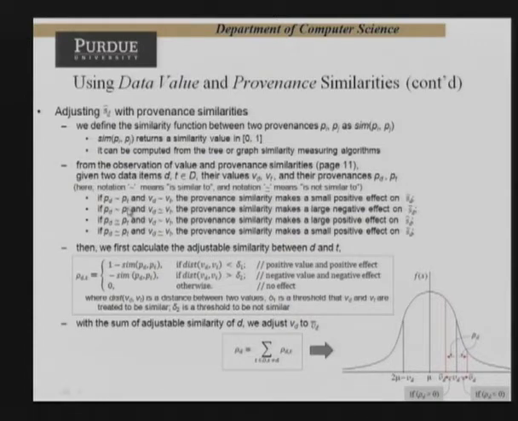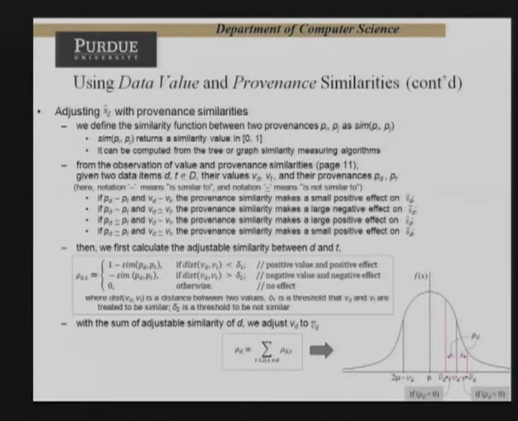Then we adjust the trust score with the same normal distribution model. If the data has a different provenance from the other data, then we move the data point to the center of the normal distribution.